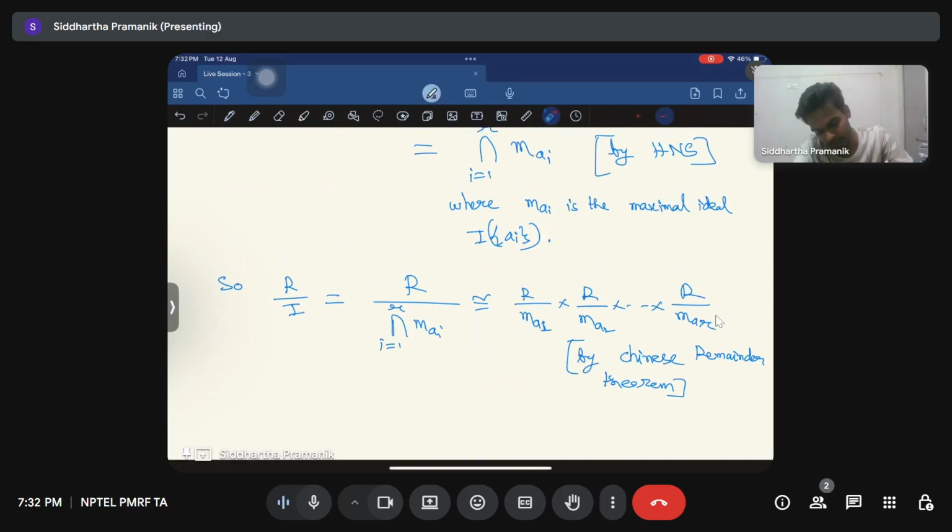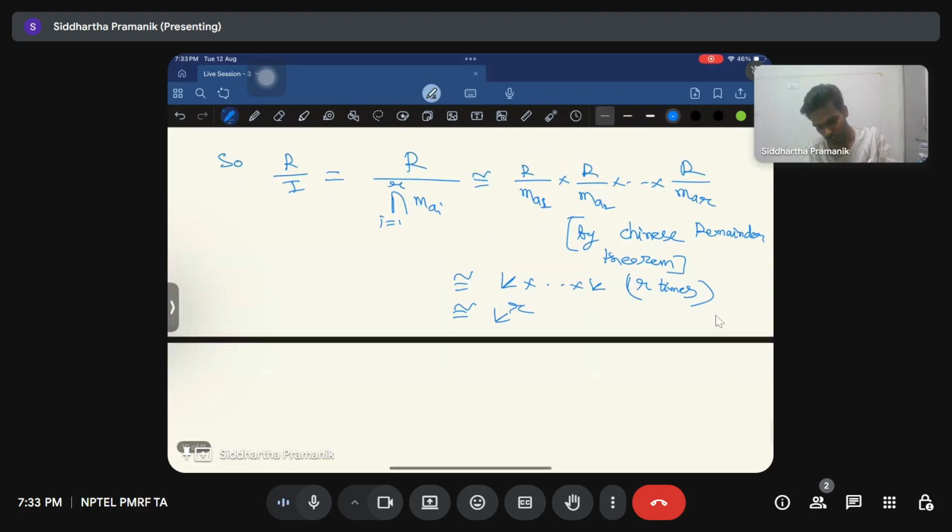And all these are K vector spaces, so these are isomorphic to K cross K, r times. So this is isomorphic to K to the power r. And remember that r is the cardinality of the variety. So the dimension of R mod I over K is basically r, which is the cardinality of V of I. So that is what we wanted to prove.